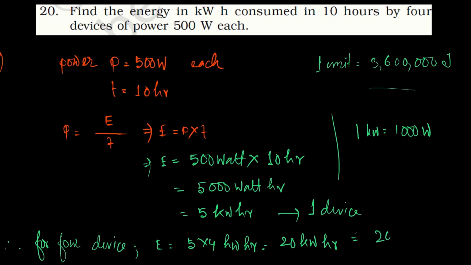Now if they ask you to convert this energy into unit form, simply do one thing: 20 unit. Because we know 1 unit is also a term for 1 kilowatt hour. You just always keep it in mind. 1 unit of energy is equal to 1 kilowatt hour. Okay, that is the 20 unit. So that is the answer to our question, and this was our last question from the exercise part.